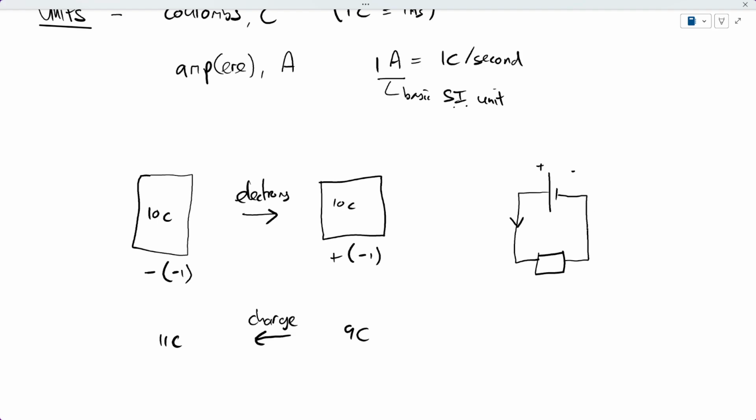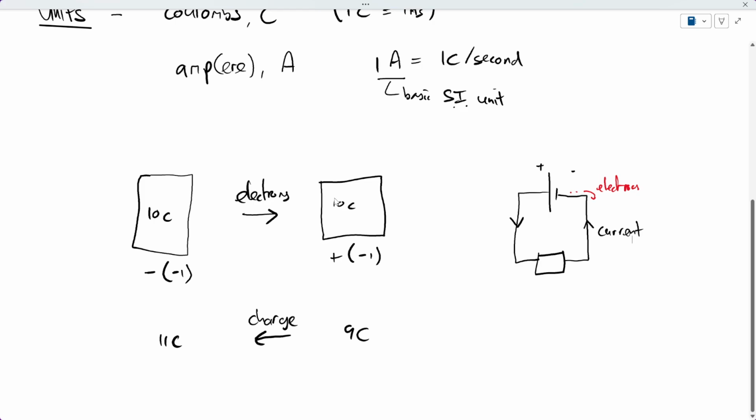Current, charge flows from positive to negative, but the actual electrons that do the moving in the circuit are flowing in the opposite direction. And that is worth remembering. Current, traditional current, conventional current, flows from plus to minus. Electrons themselves move in the opposite direction.